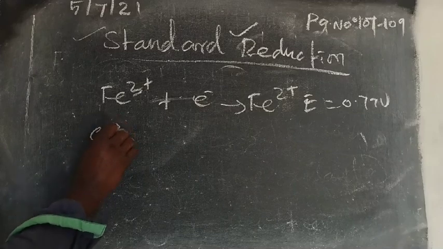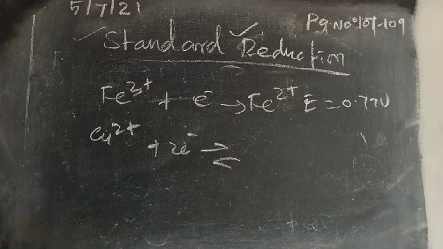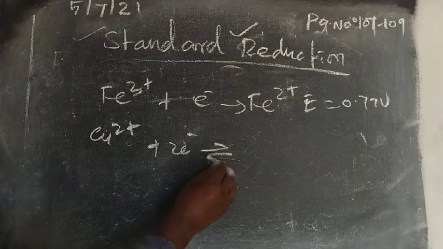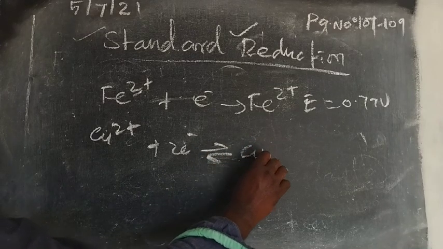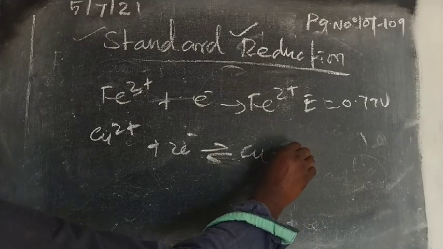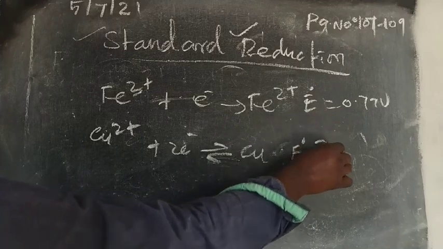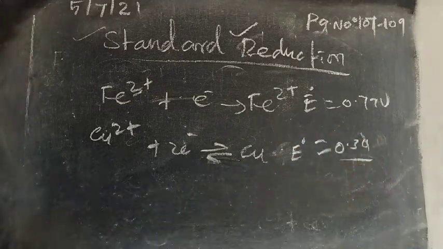Then copper 2 plus accepts 2 electrons; it is an equilibrium reaction, not a favorable reaction. It is an equilibrium, and will form copper, along with the E0 value 0.34 that we already studied.